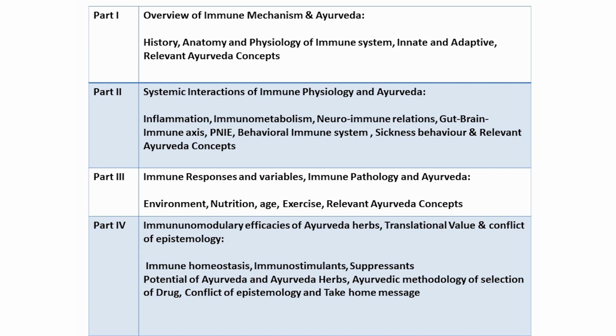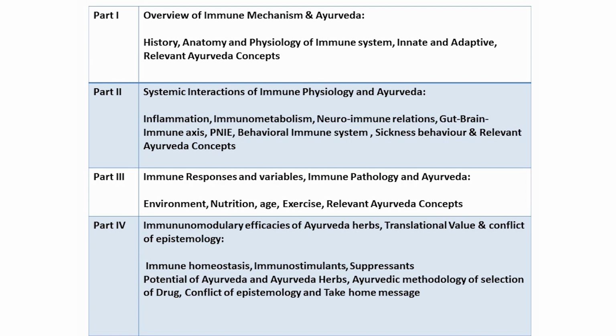In part 3, we will try to understand immune responses and variables, how they vary according to environment, nutrition, macronutrients, micronutrients, age, and exercise, what basic immune pathology is, and how we need to understand it with Ayurveda. We will make a few comments.